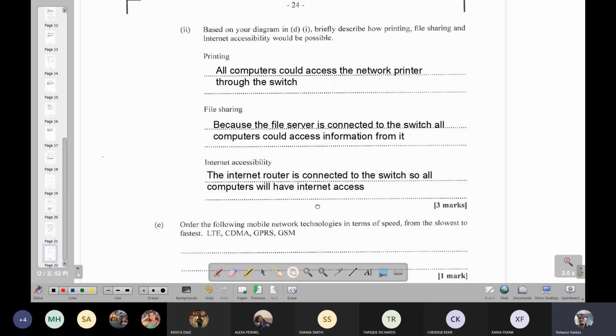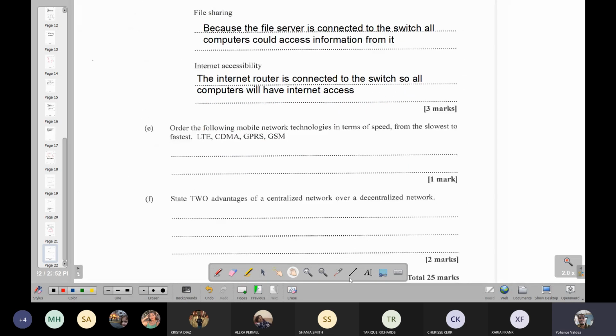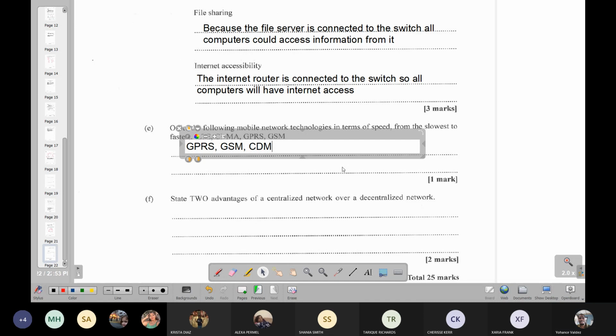What are the mobile network technologies in terms of speed from the slowest to the fastest? I had a problem with this question, and some of you might see it as wrong. If you see it as wrong, message me and I'll give you a mark. We know that GPRS is the slowest. At the time of its implementation, GSM was slower than CDMA, and then LTE came along.